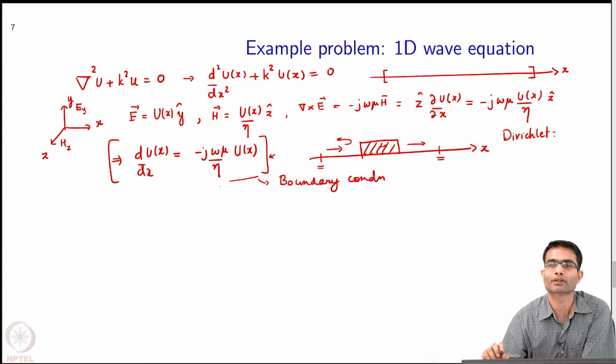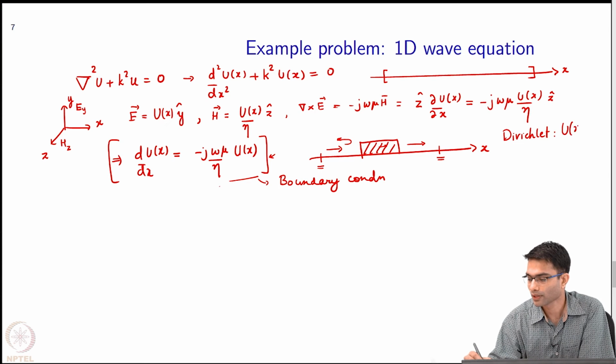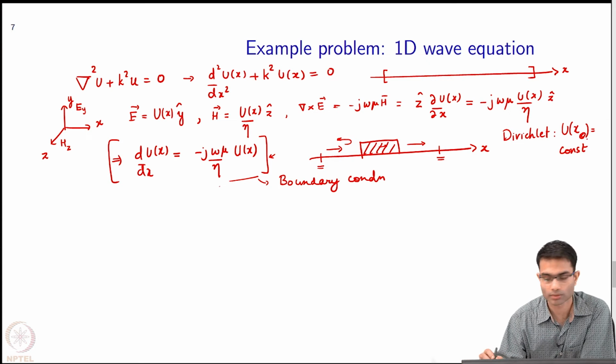What is a Dirichlet boundary condition? It is constant. So u at the endpoint x naught is equal to a constant.